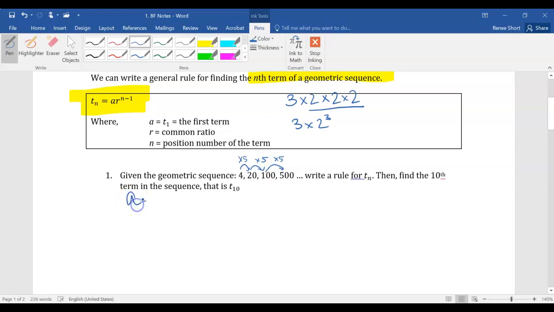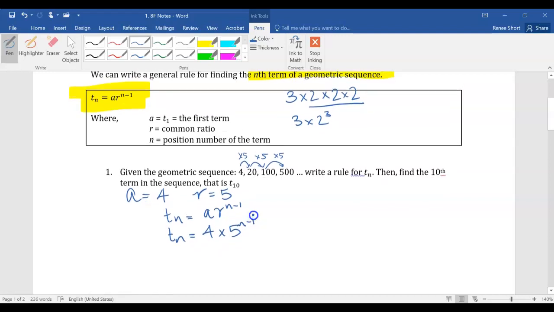So A, our first term, is 4, and our common ratio is 5. The standard form is A r to the n minus 1, so Tn is equal to 4 times 5 to the power of n minus 1.